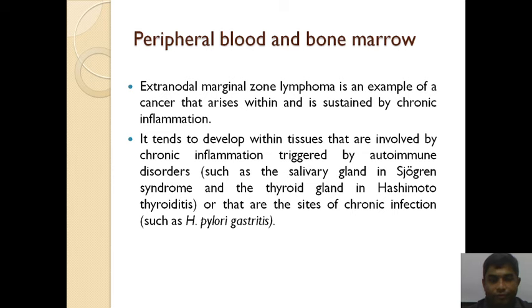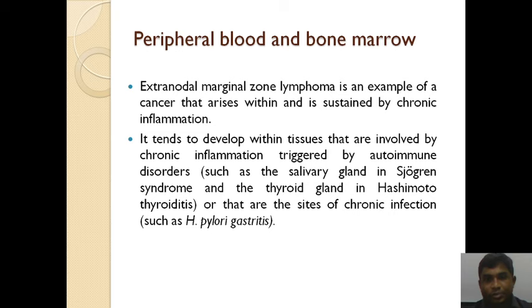Stomach is a very common site, and the underlying pathogenesis is chronic inflammation seen in this group of disorders, which can be autoimmune, as in the case of Sjogren's, or Hashimoto's thyroiditis involving the thyroid gland, or this can be because of chronic infection, as in H. pylori gastritis, leading on to extranodal marginal zone lymphoma in the stomach.